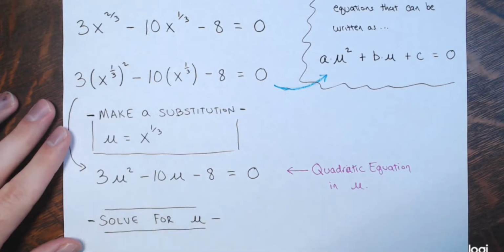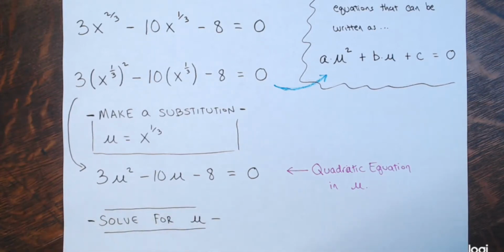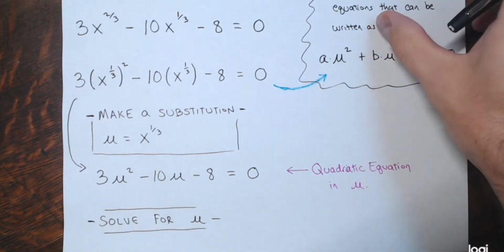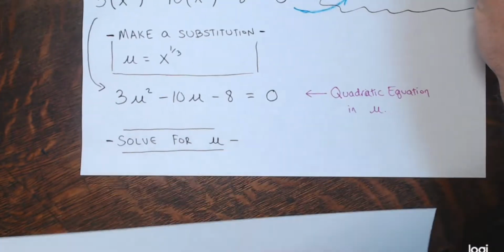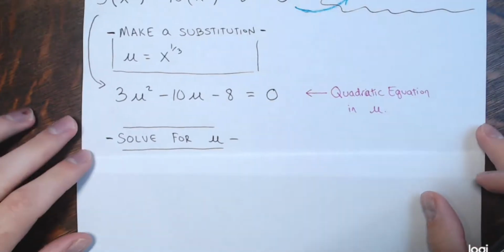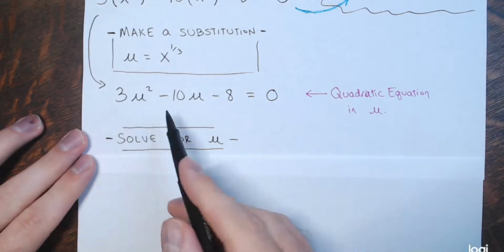I'm going to solve for u in this equation here. Now you can use the quadratic formula. You can use completing the square. If the quadratic is factorable, you can solve by factoring. There's lots of things you can do. All right. This one here, I can see is factorable.